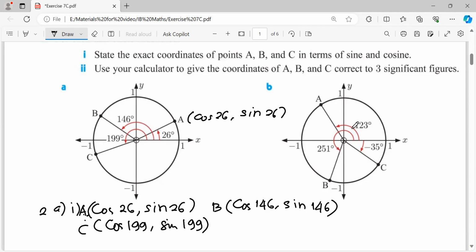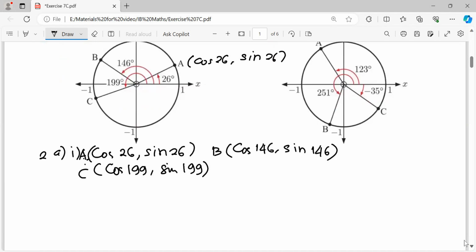Now, we are going to convert into numbers with the calculator. We're going to find cosine 26, which is 0.899, comma, 0.438.